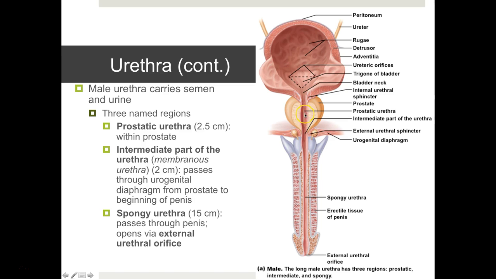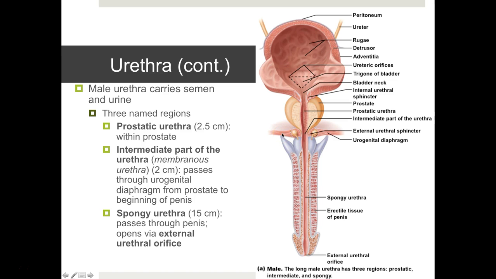We have the prostatic urethra, that's about 2.5 centimeters long, and it lies right within that prostate accessory gland of the male reproductive system. Then we have a short span here called the intermediate part of the urethra, also known as the membranous urethra, and that's about 2 centimeters long.